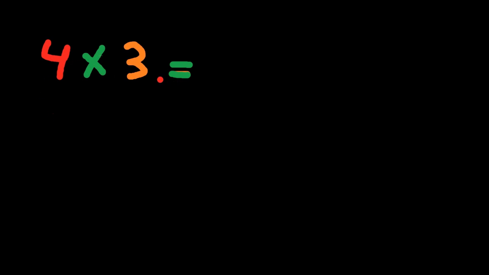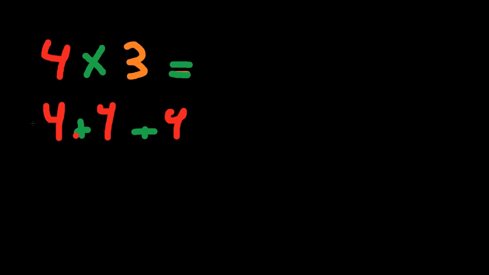Alright, so let's just do 3 4s. That's basically 4, and now let me just do the signs really quick. Once you have all these 3 4s, let's just do the equal sign.